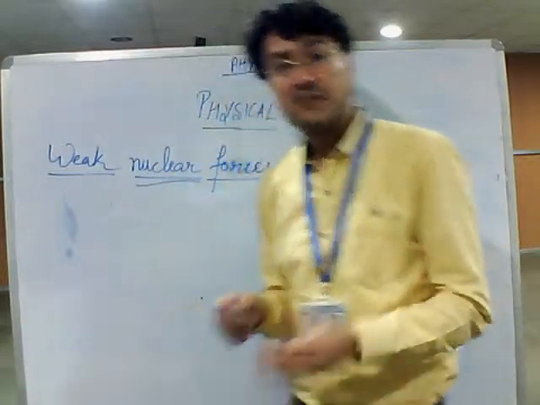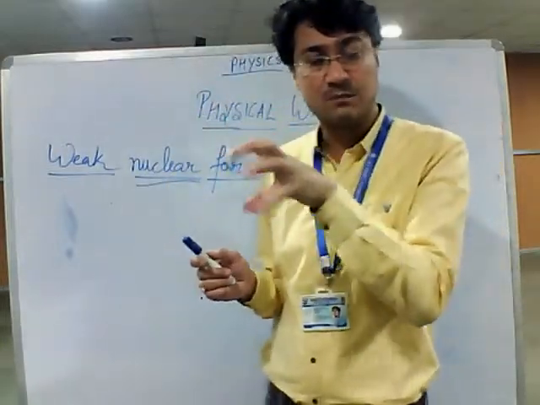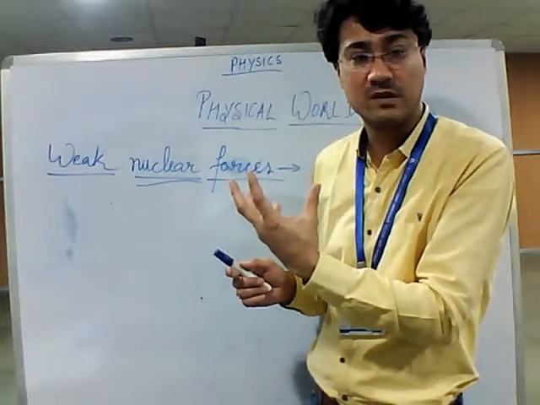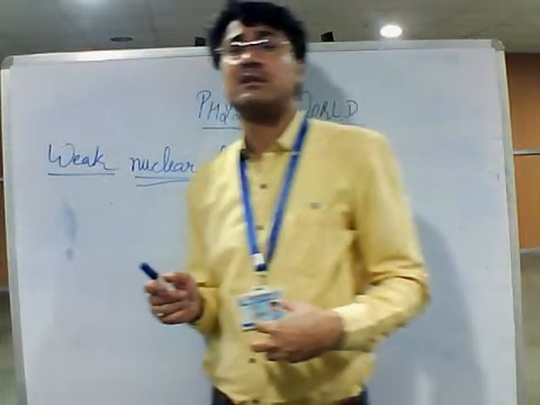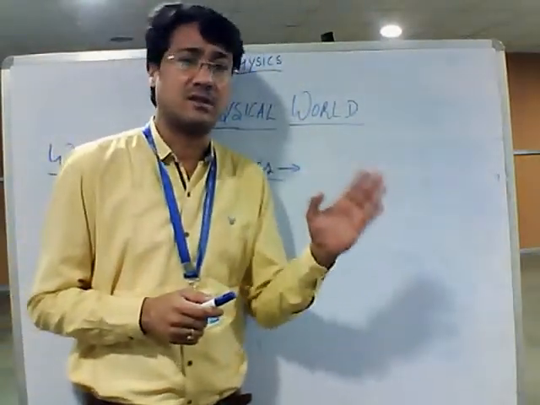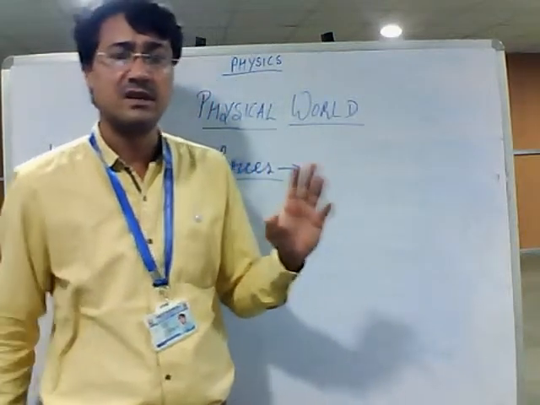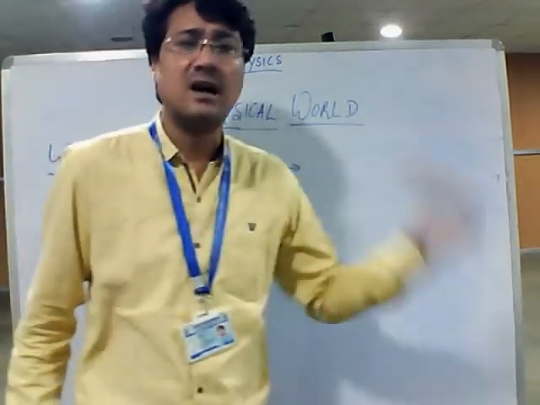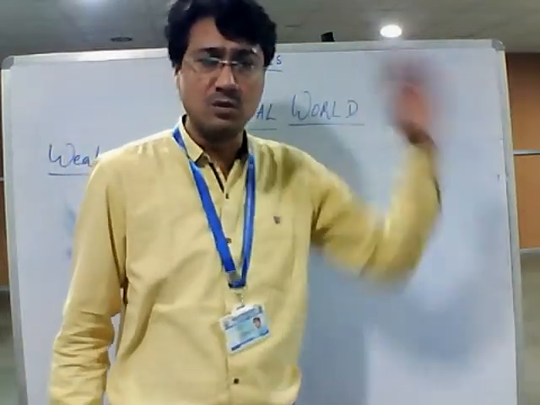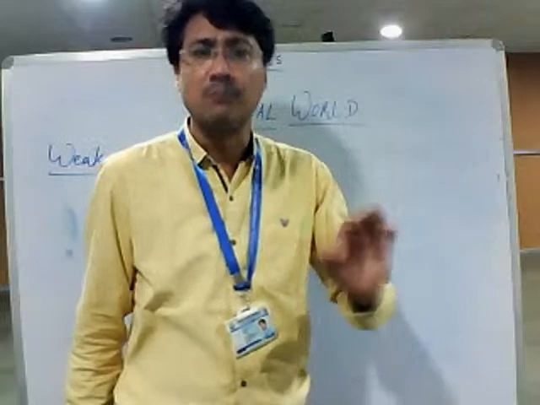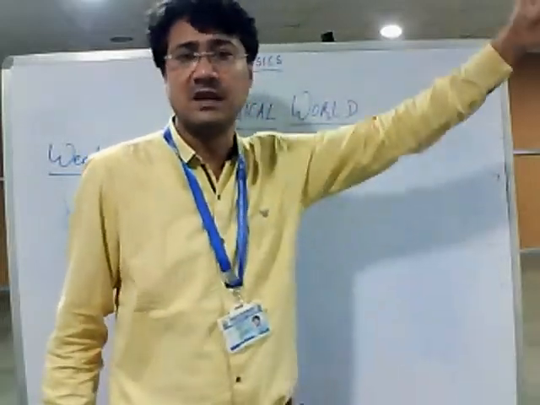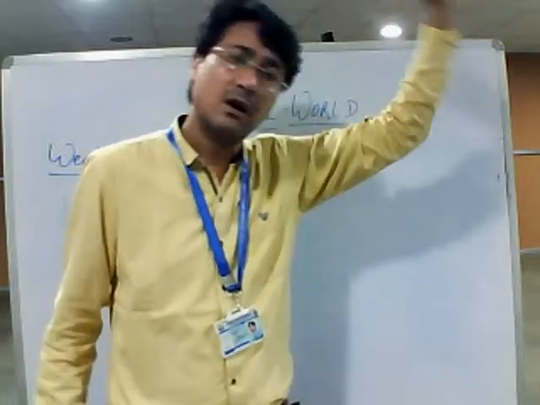If the force with which the nucleus binds the protons and neutrons is strong nuclear force, the weak nuclear force is the force with which a nucleus basically binds the electrons. In a higher way, you can say alpha decay or beta decay, but as you don't know those yet, I'm using a simple term right now: the force with which a nucleus binds the electrons revolving in particular orbits.